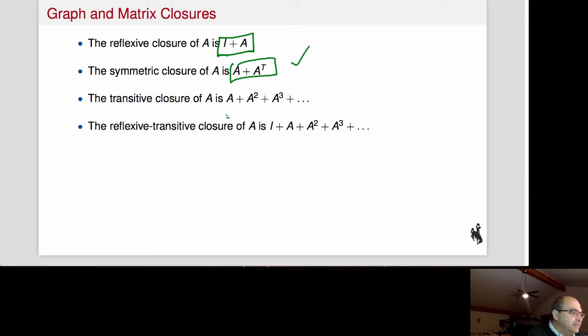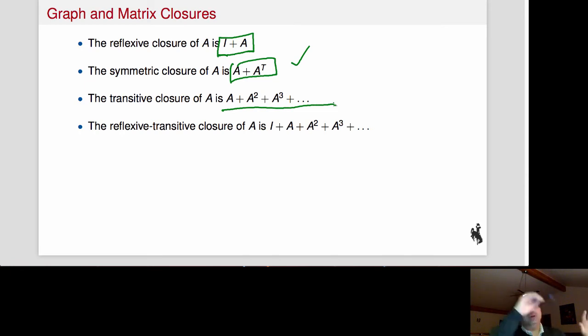What about the transitive closure? Well, the transitive closure means I have A, and then I add everything that I can get to in 2 steps, and then everything that I can get to in 3 steps, everything that I can get to in 4 steps, and so on. That's actually A plus A squared plus A cubed plus A to the 4th, and so on. Again, to really understand that, what you have to realize is that A squared is just all the nodes that I can reach in 2 steps, right?